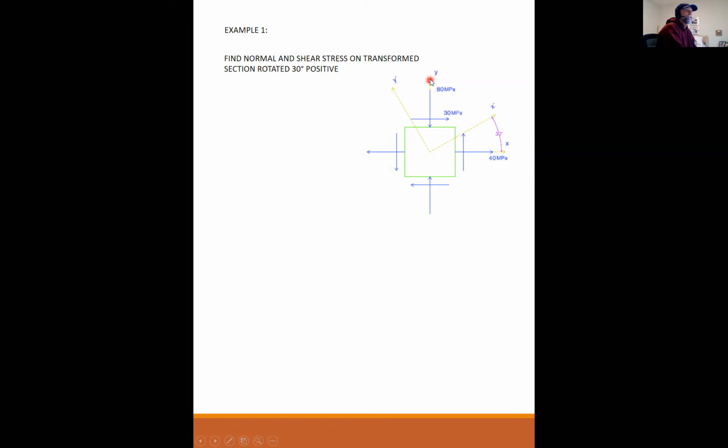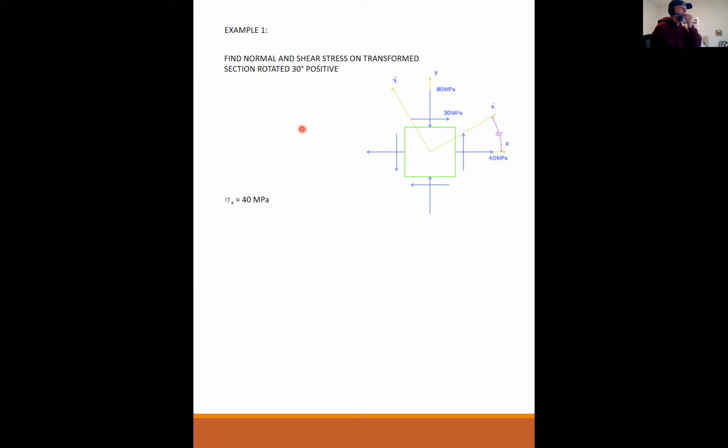If you know the sigma y, you know the other sigma y. If you know sigma x, you know the other sigma x. So this is all you need here to describe the problems. Is everybody clear about the problem statement? Okay.